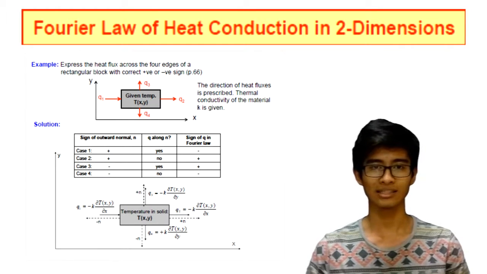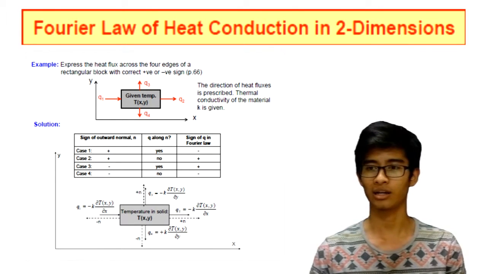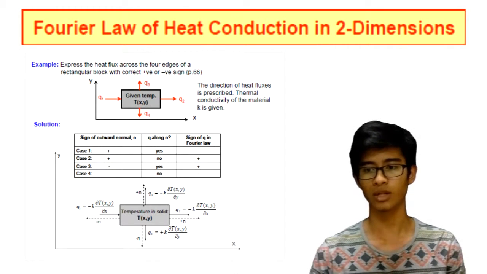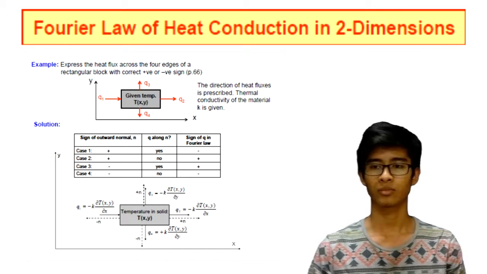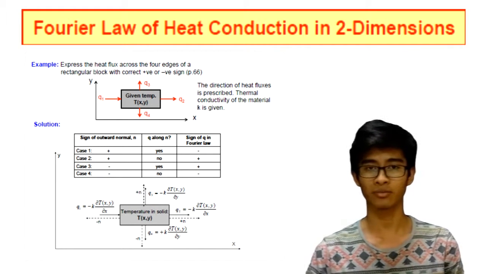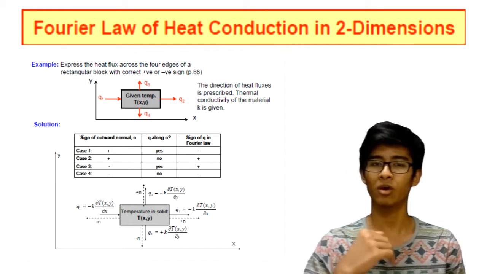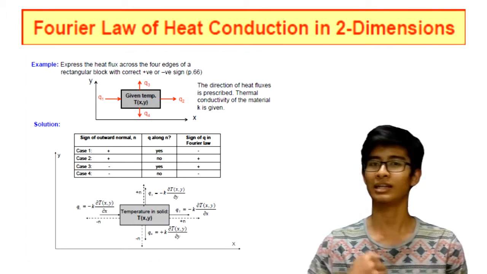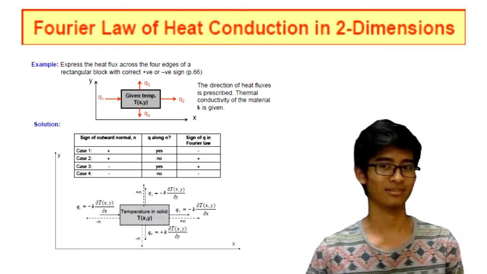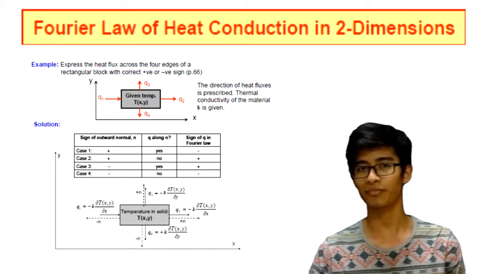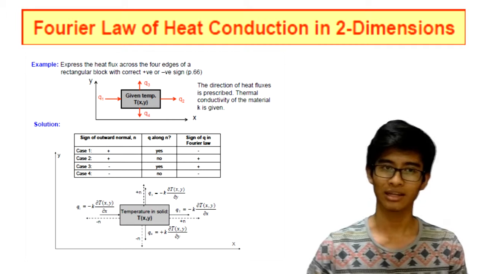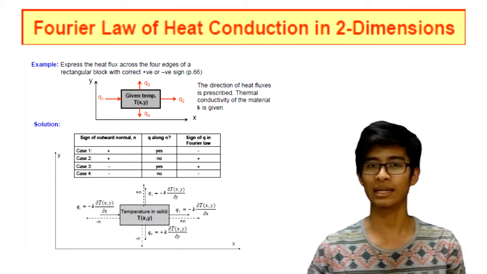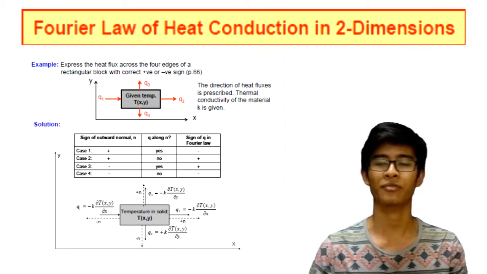For the next and last example, we will take a look at Q4. The upward normal for Q4 is pointing downward on the y-axis, so it gives a negative sign of n. The second step is to determine the Q direction, either along n or in the opposite direction of n.